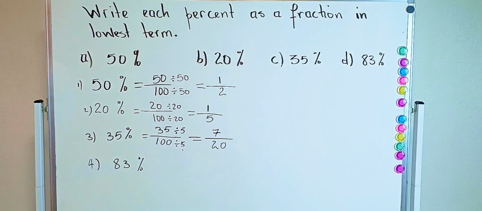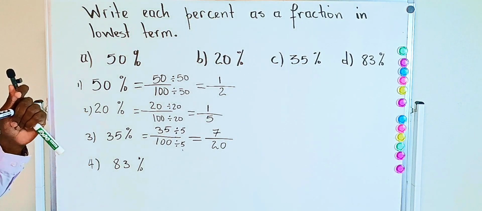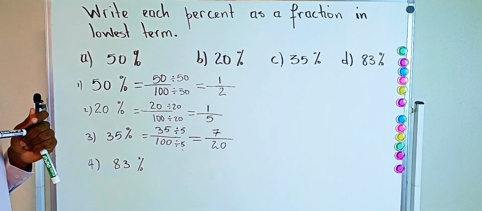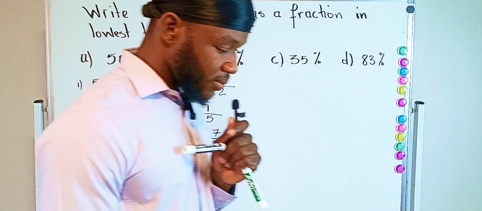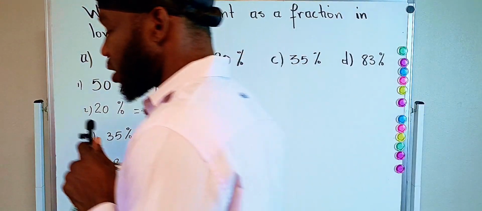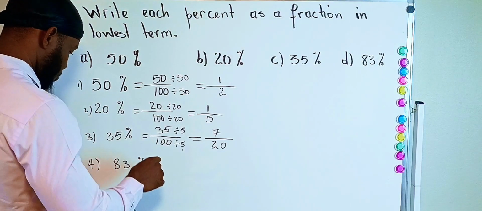So guys, 83% is the same process that you're going to do. You just put it in fraction form, then find the greatest common factor and divide the numerator and the denominator at the same time, and you will find the lowest term of the equivalent fraction for 83%. I leave that one for you.